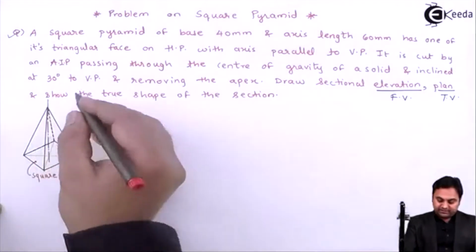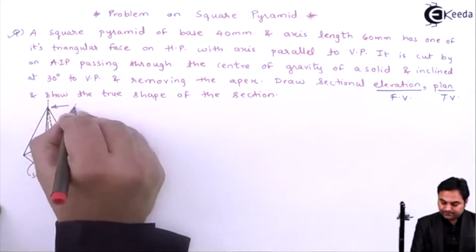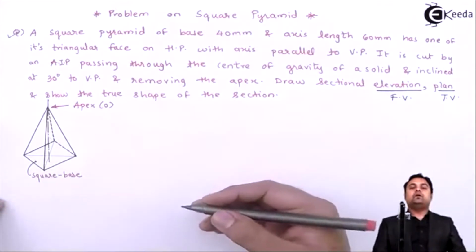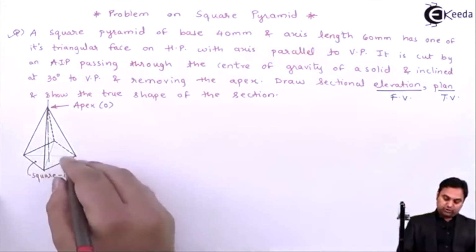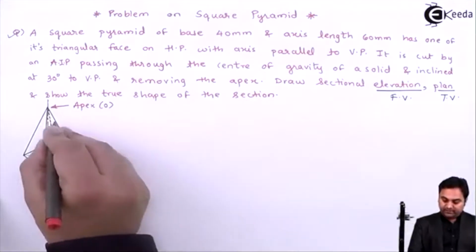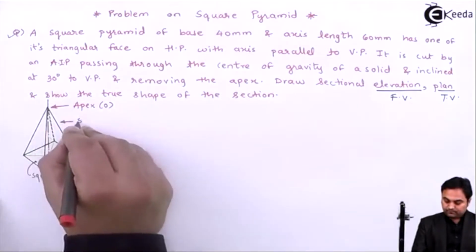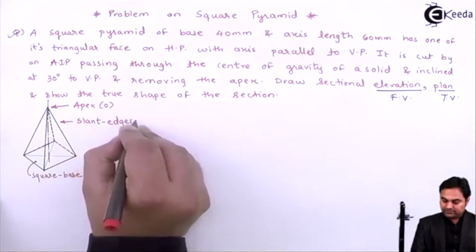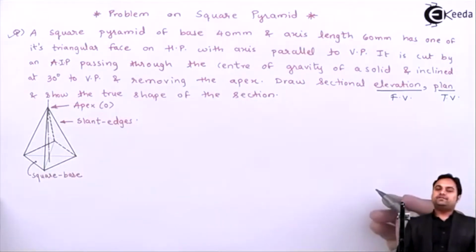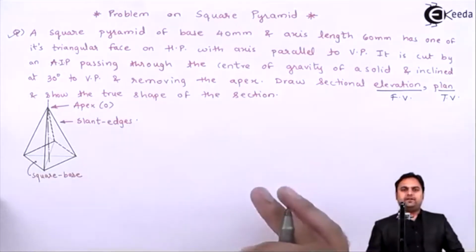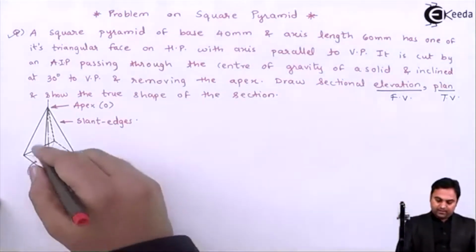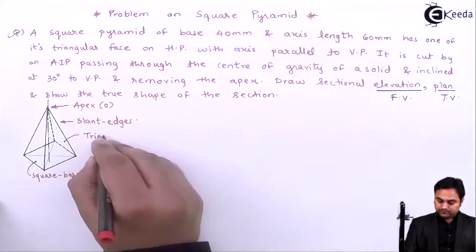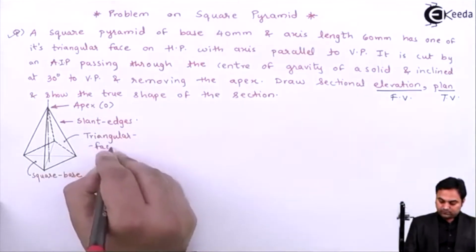All the corners are connected to a common apex, point O. Then these corners are connected to the apex with the help of slant edges. Next, since it is a square pyramid, it is having four triangular faces. So these are the triangular faces.